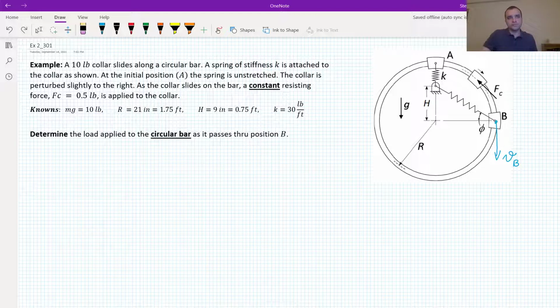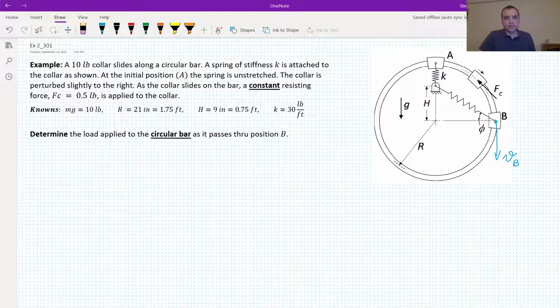What else do we know? We know that there is a spring attached to our collar. And if I remember correctly, that spring is undeformed at this position. But you can see that at position B, our spring is stretched. Moreover, there is a constant force Fc that opposes the motion of the collar.